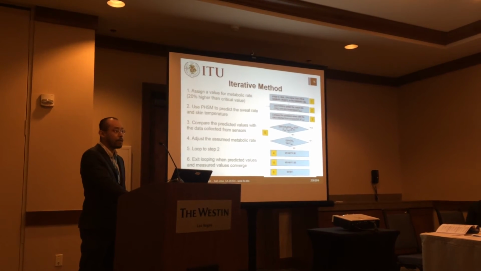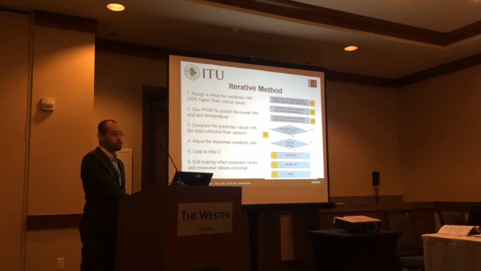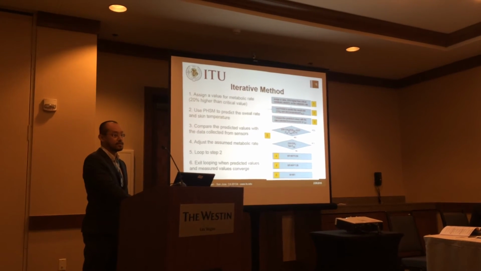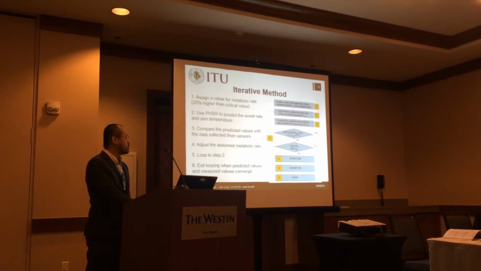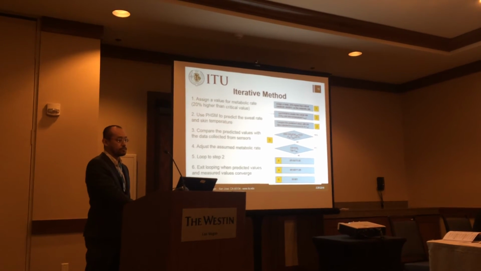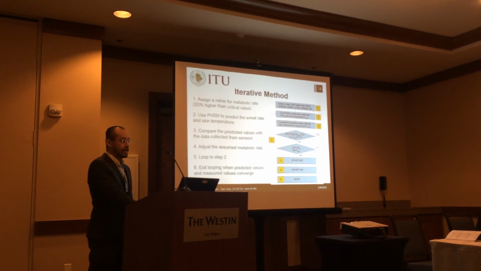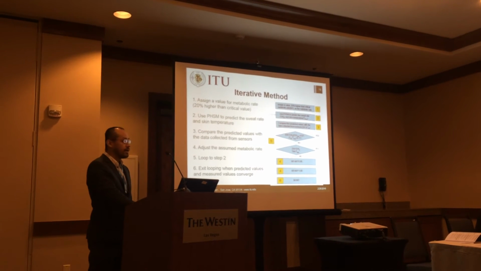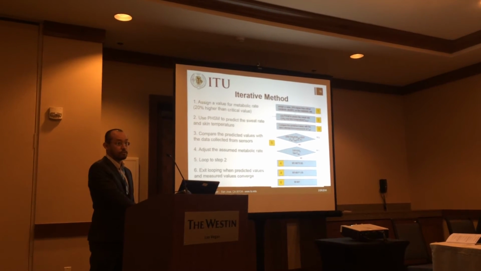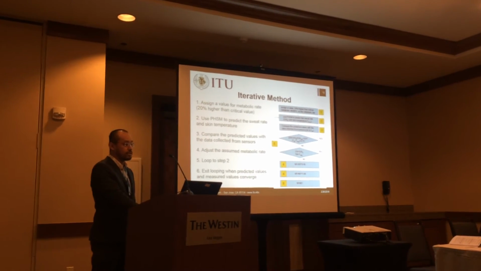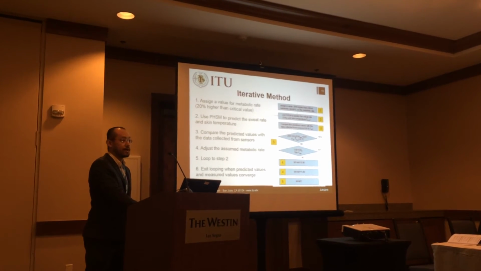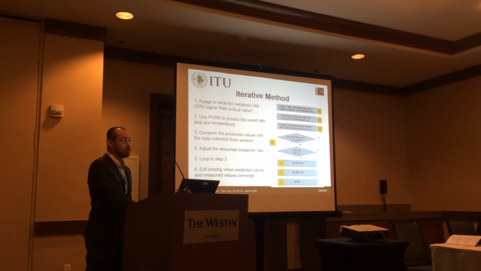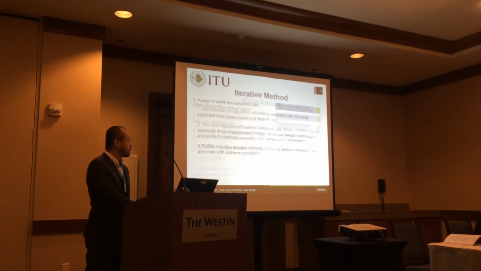Then we will compare the predicted values with the data we collected from the sensors. According to the comparison result, we'll adjust the assumed temperature and assumed metabolic rate, and then we loop to step 2 again, and we continue this looping several times until the predicted values and the measured values converge. So this is the method that we propose to handle the extreme conditions.